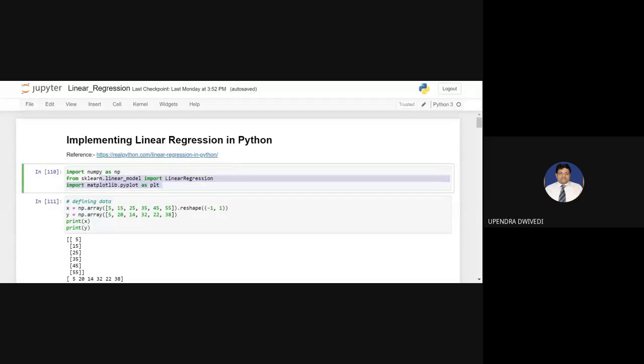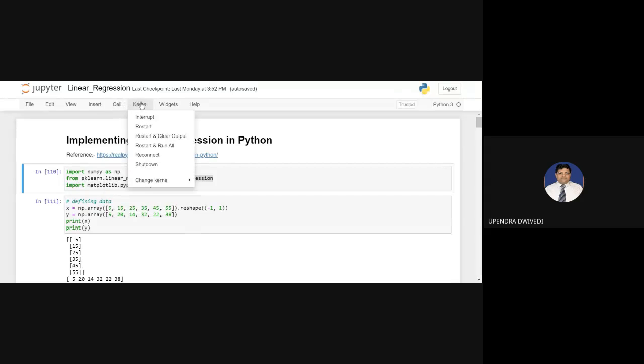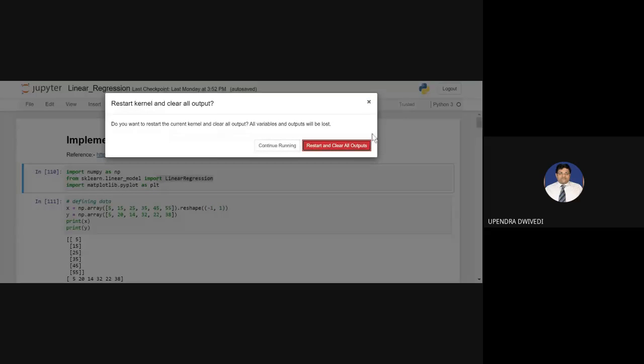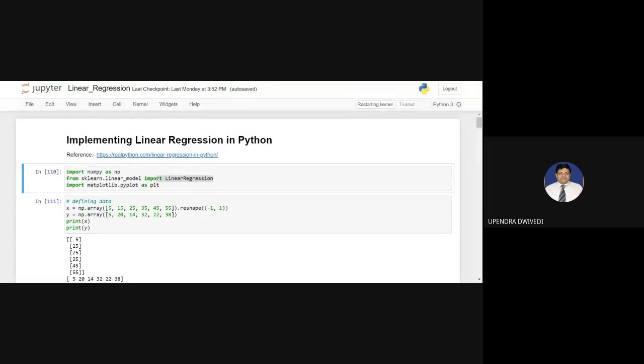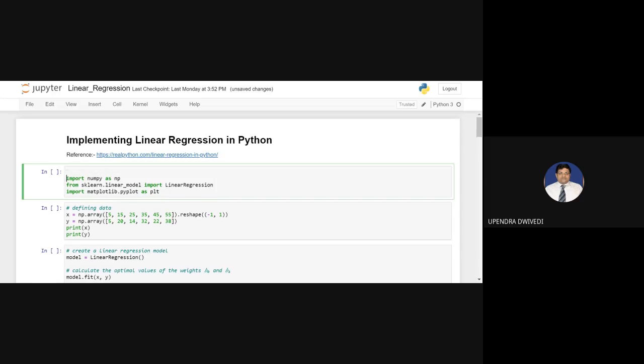So this is our program. We are calling the linear regression. Let me restart and clear the output. Then we'll get a better idea about it. Okay. So first we import the packages.